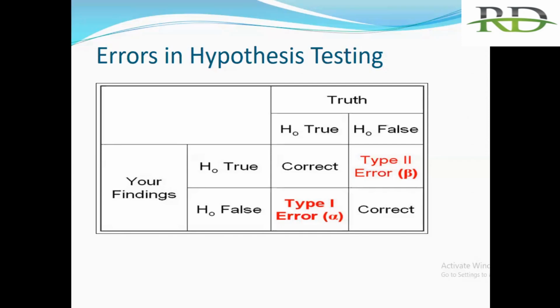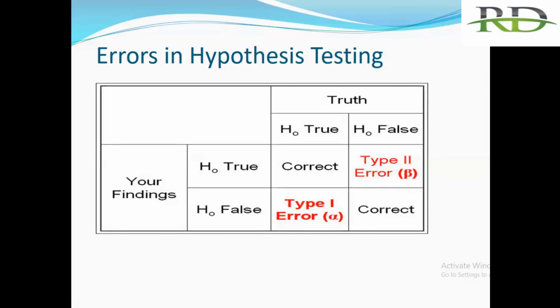Now, why is this type 1 error? If you can see the screen, one is the truth, that is, whether the hypothesis is actually true or not, and one is your finding. If the hypothesis is true, but your finding suggests that it is false, then it is an error.